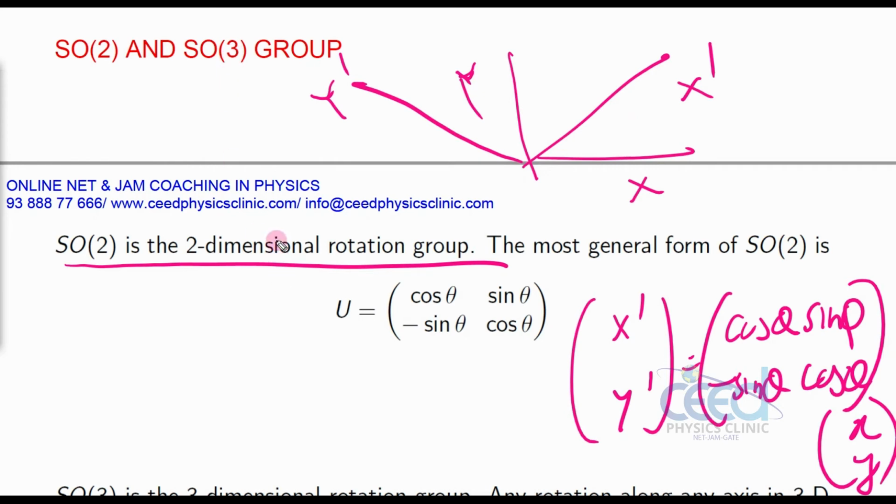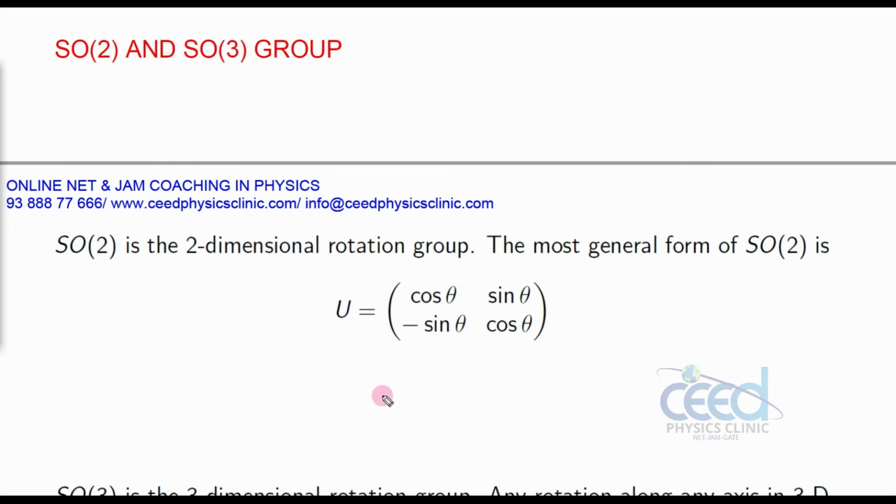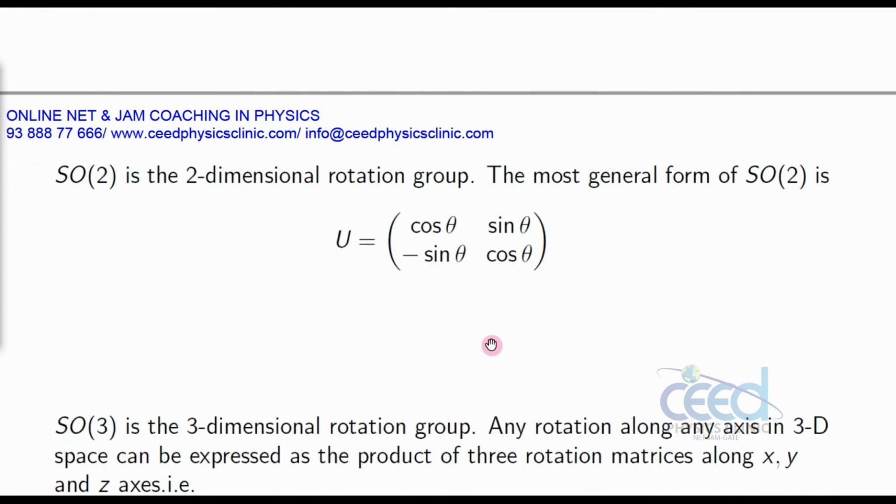Okay, so if you consider a series of rotation elements, formed by rotation with different angles, that may be SO2 in two-dimensional rotation, or SO3 in three-dimensional rotation. The two-dimensional rotation matrix and three-dimensional rotation matrix we have already derived.